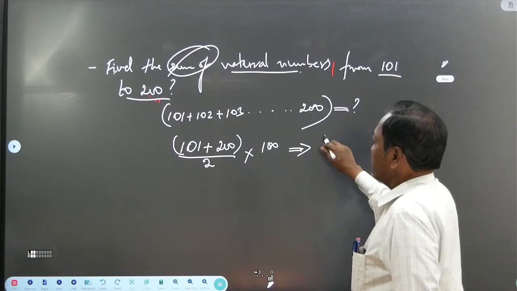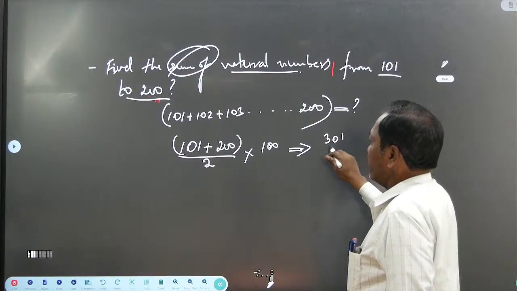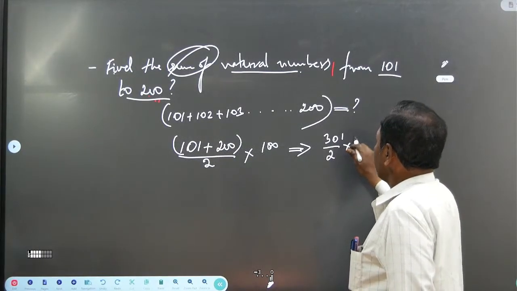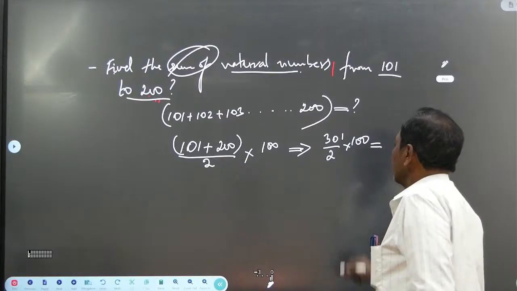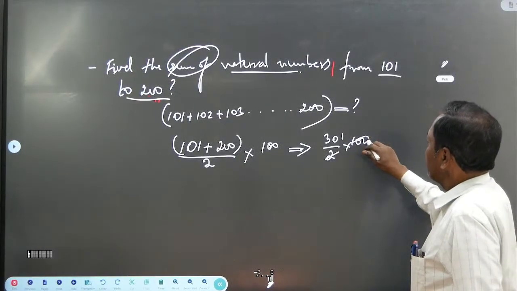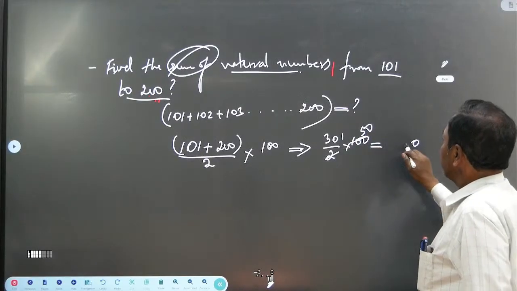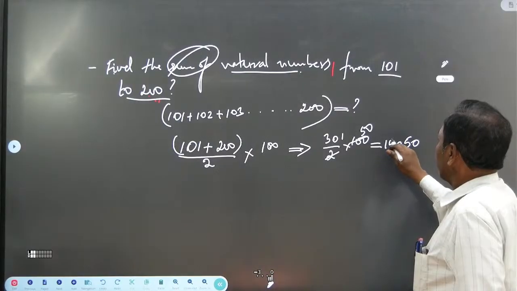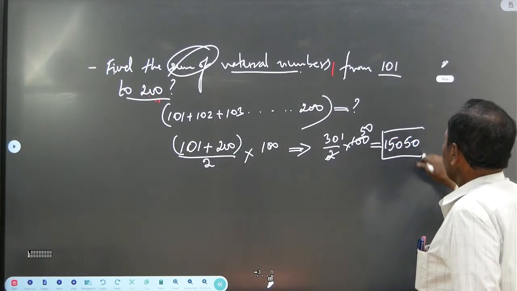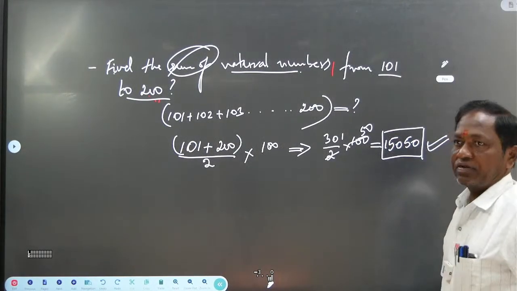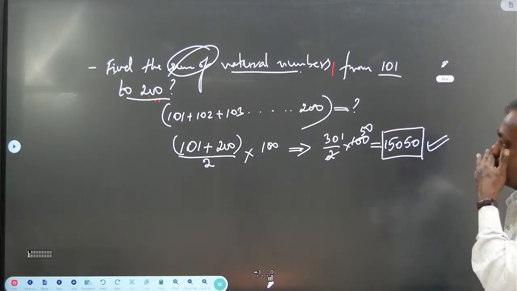Then, okay. So now 301 by 2 into 100. So now you can see, 0 you can keep, 5 ones are 5, 5 into 0, 0, 5 threes are 15. Right, 15,050.